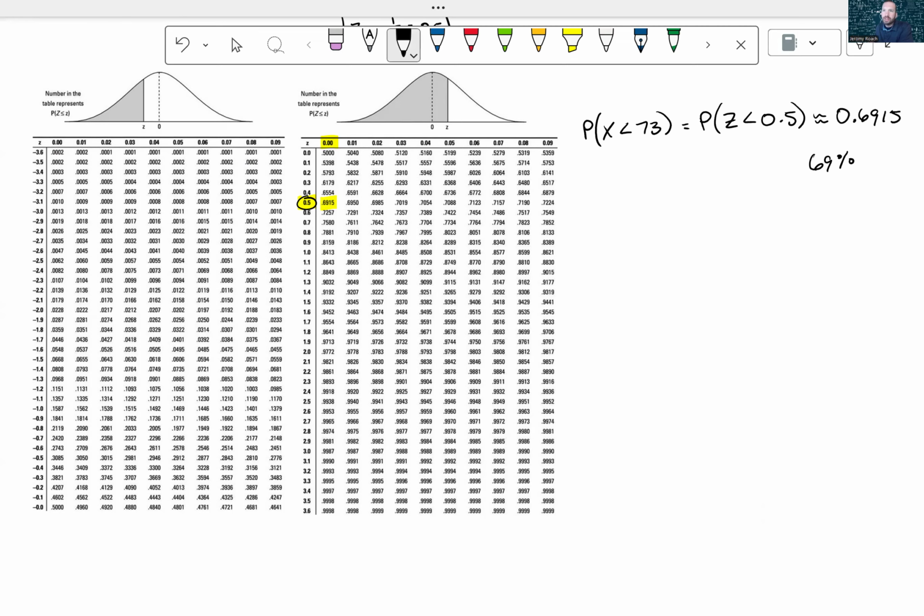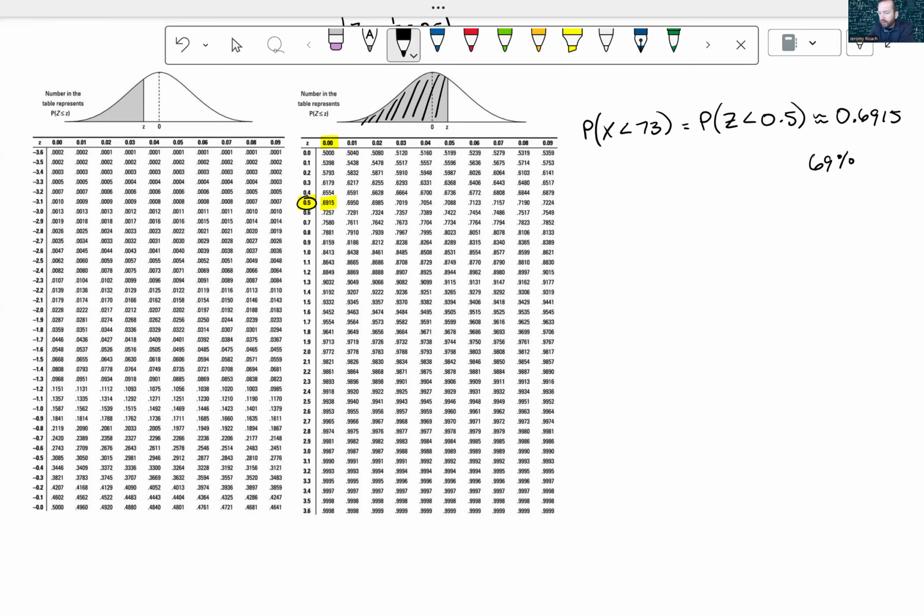Let's take a look at one that's a little more complex so we can get a better idea of what the z-score is even telling us. Because right now we're looking at z-scores that are less than, which includes where z is and everything to the left.